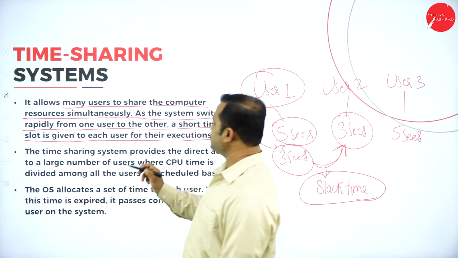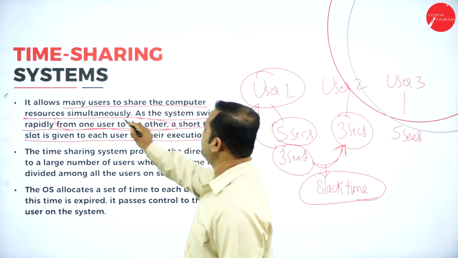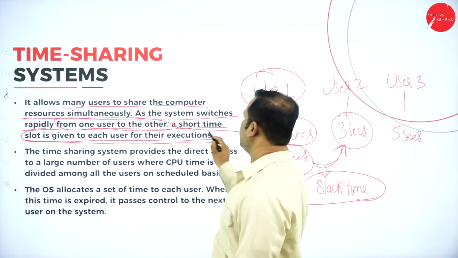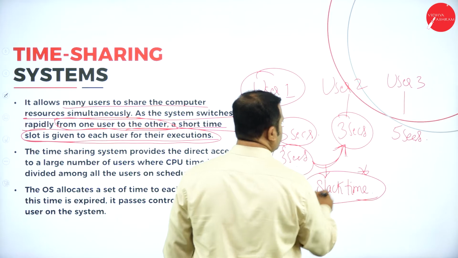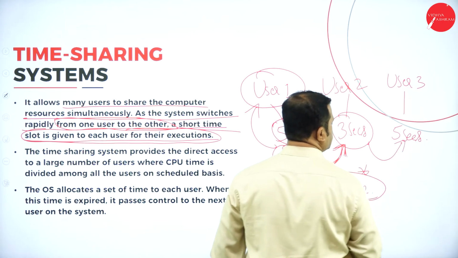The same thing is explained here. The system switches rapidly from one user to another, and a short time is given to each user for their execution. That means a slack time is required to switch over from one user to another user.